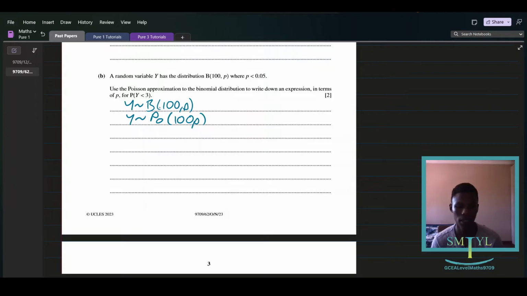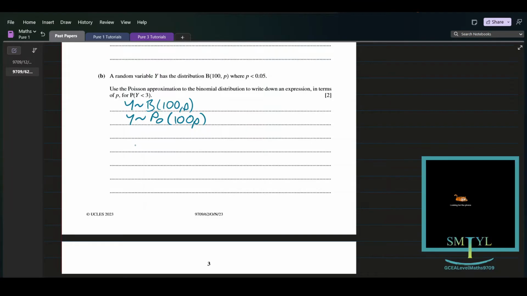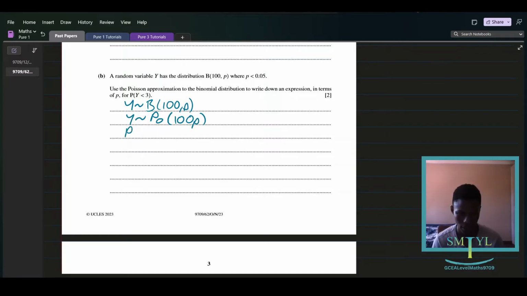Now we want to write down an expression in terms of p for the probability that y is less than 3. That's the probability that y is equal to 0, 1, 2. We can write that as e to the negative lambda, which is 100p, open brackets.